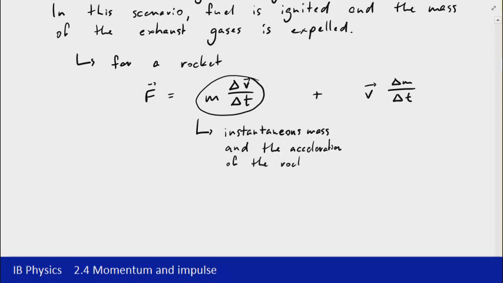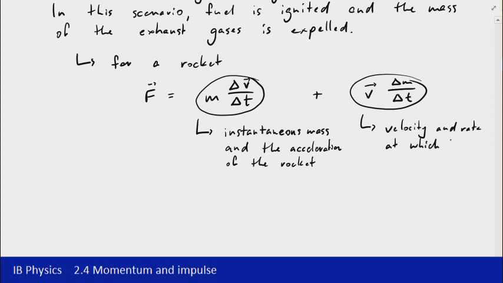And the second term, so this one here now, is the velocity and rate of mass change, or the rate at which exhaust gases are expelled, so we've now got those two quantities incorporated as well.